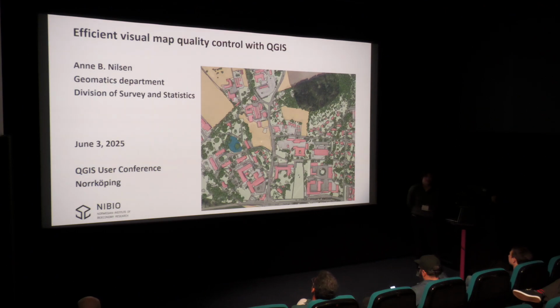I would say I'm quite stable and perhaps static, since I've been working at NIBIO for the last 23 years. I started with QGIS in the mid-90s, but then I discovered QGIS in June 2010. And to quote Frank Sinatra, ever since that night we've been together.